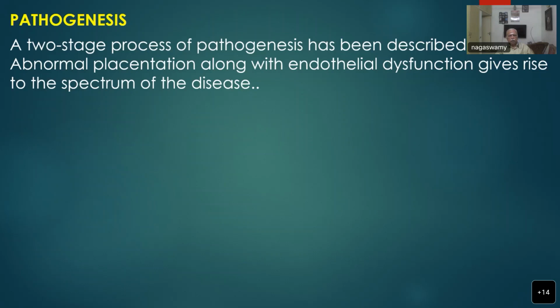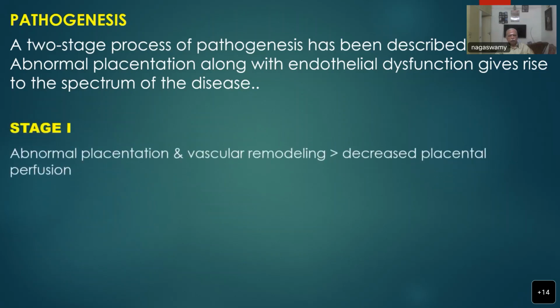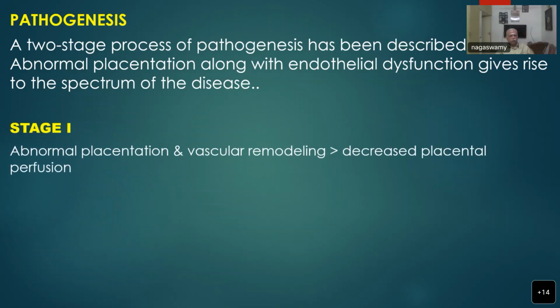One is abnormal placentation with endothelial dysfunction with a wide spectrum of the disease. So what happens in stage 1? Abnormal placentation. The placenta is not adherent to the myometrium properly, and the vascular remodeling does not take place in the correct way. So both of them result in decreased placental perfusion.